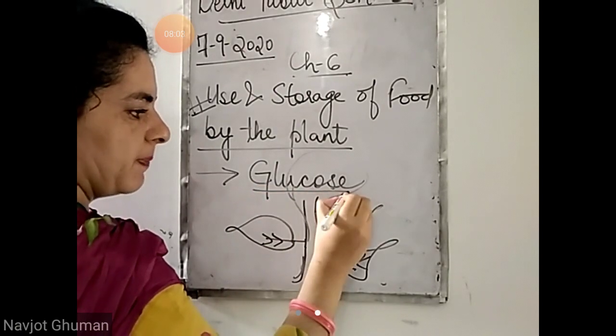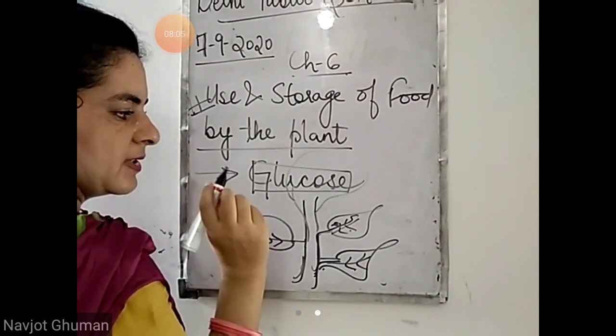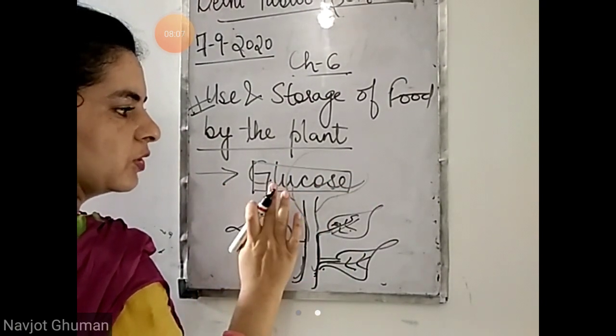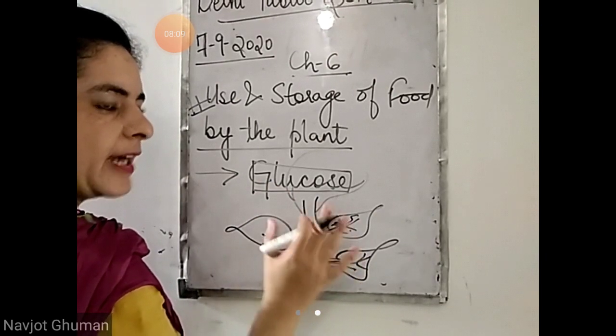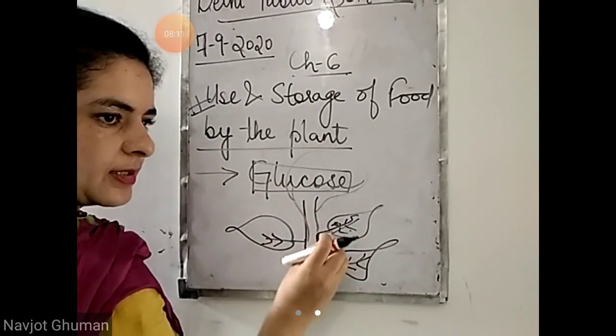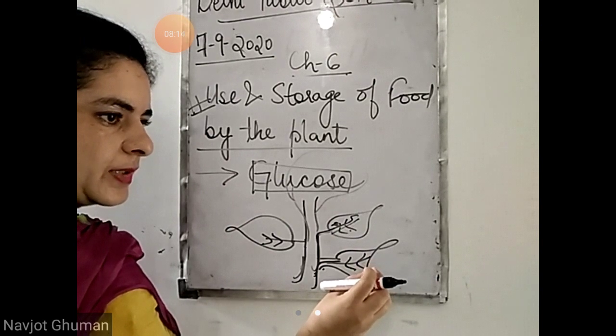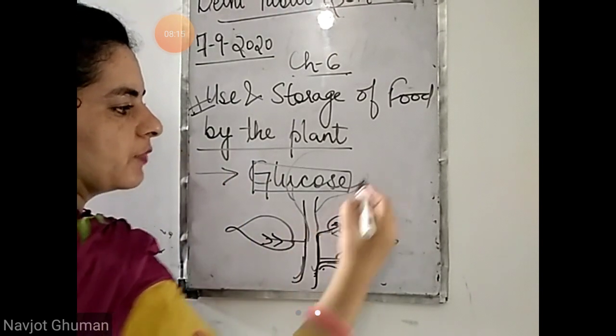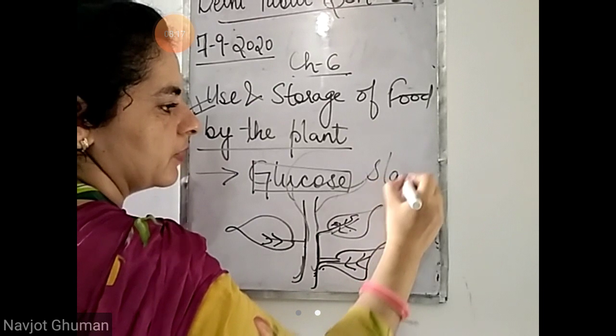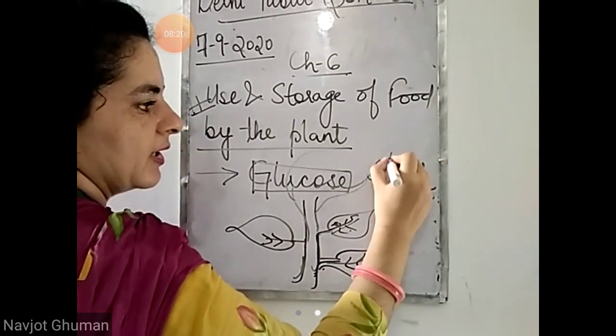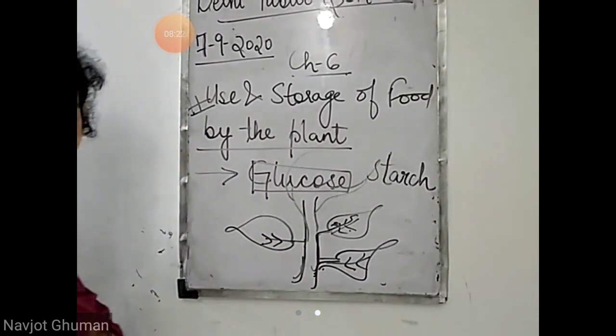The food that is prepared is in the form of glucose. Now the food that is left unutilized, that is not utilized in the daily activities, that will be stored in the form of starch. वो starch की form में store हो जाएगा in different parts of the plant.